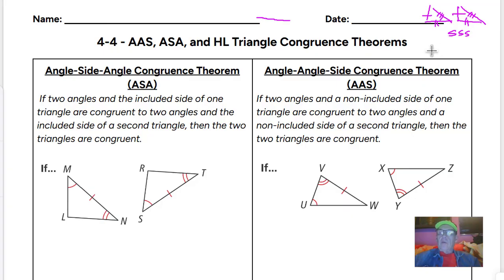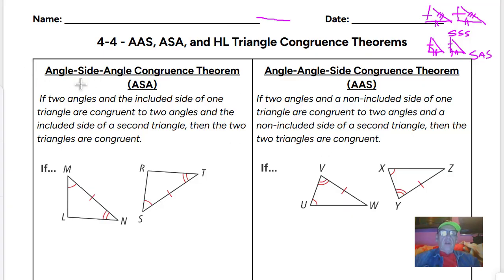We also talked about side, angle, side. If two sides and the included angle are congruent between two triangles, then all 6 parts of those triangles are congruent. The included angle is the angle that kind of hinges the two sides together.